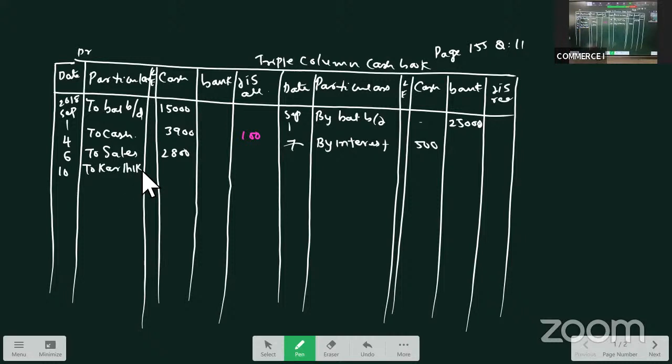How much cash did we receive? We received cash of 1,800, check of 4,800, and the discount allowed amount is 400. So cash aaya, cash column. Check aaya, bank column. Discount allowed, discount column. Done.